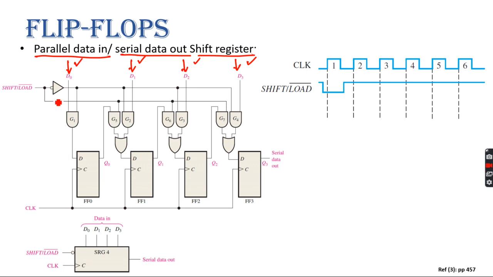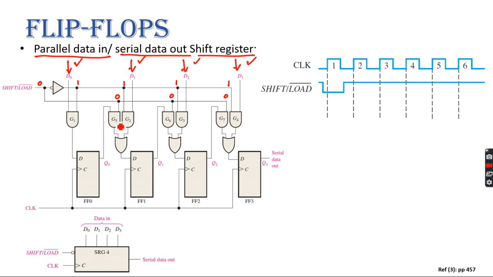So now let's see how it works. Suppose first here there is a control switch called shift and load bar. Whenever you give 0 here, after the NOT gate, what will be the output? 1 here, 1 here, 1 here, and 1 here, right? Yes, sir. Since 0 is directly connected here, this input will be 0, this input will be 0, this input will be 0.